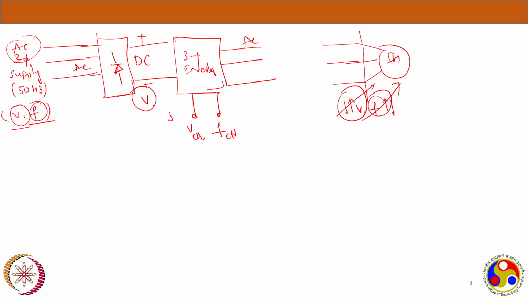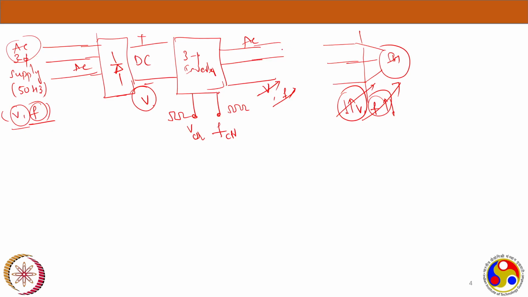So these two are the pulses which I am giving to the switches inside the three-phase inverter, such that the output AC I am getting will be voltage and frequency variable. So these are the controls by which it will give a balanced three-phase voltage source of variable voltage and also variable frequency.